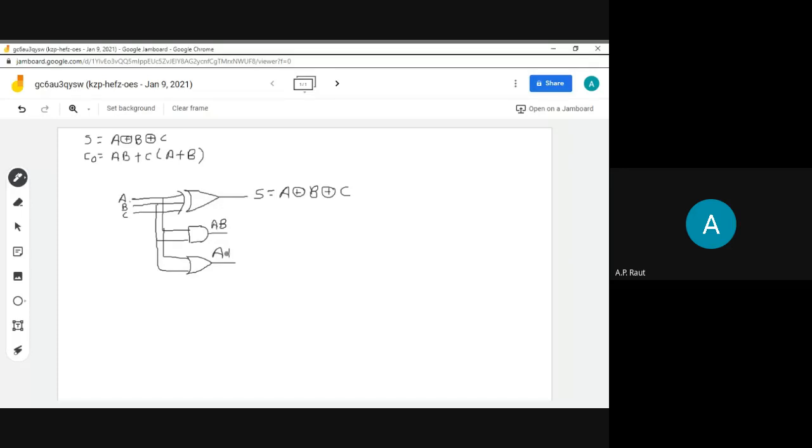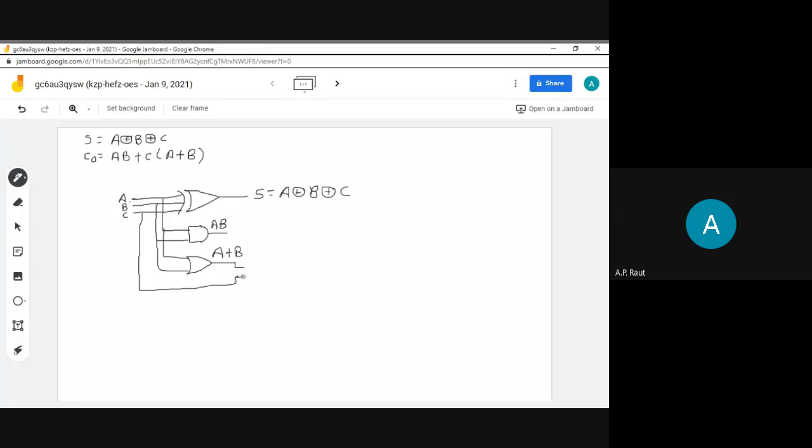And between A plus B and C, which gate is present? AND gate, ma'am. So we use the inputs C and A plus B, connected using the AND gate.